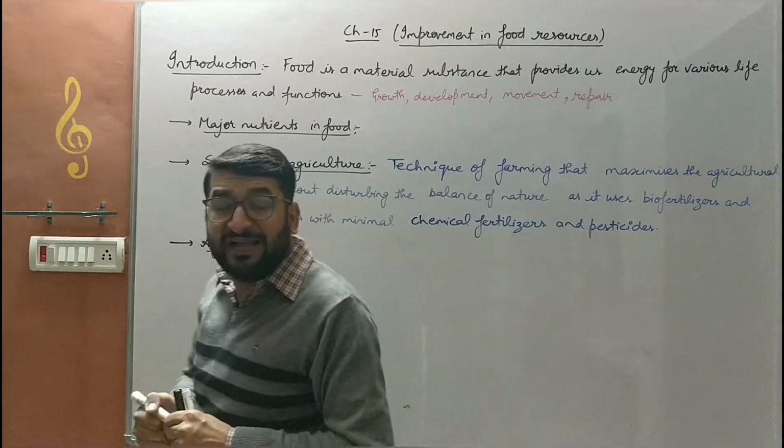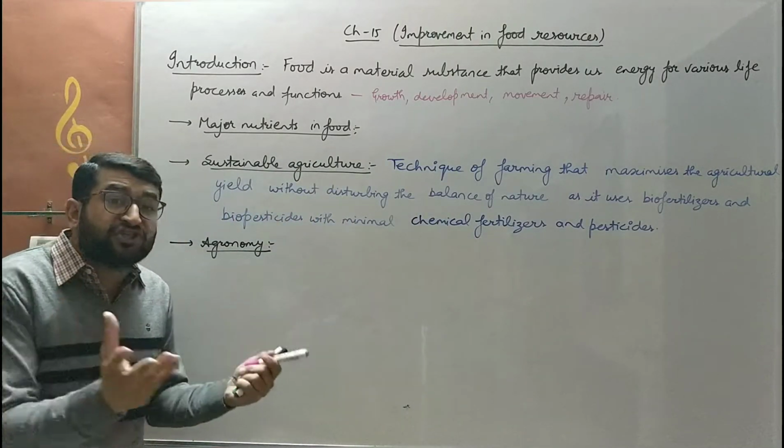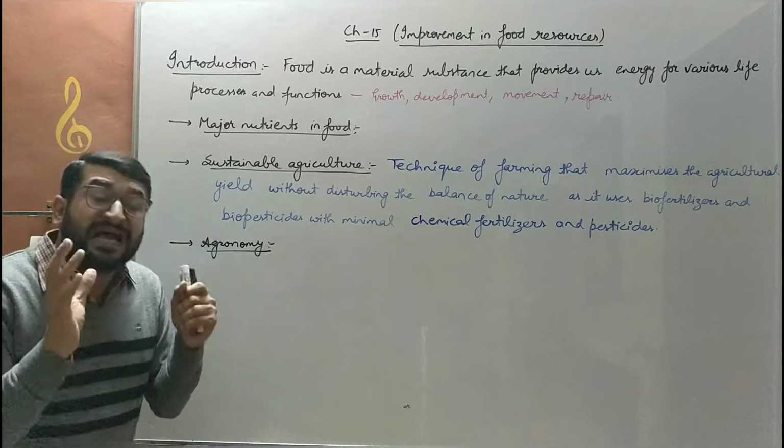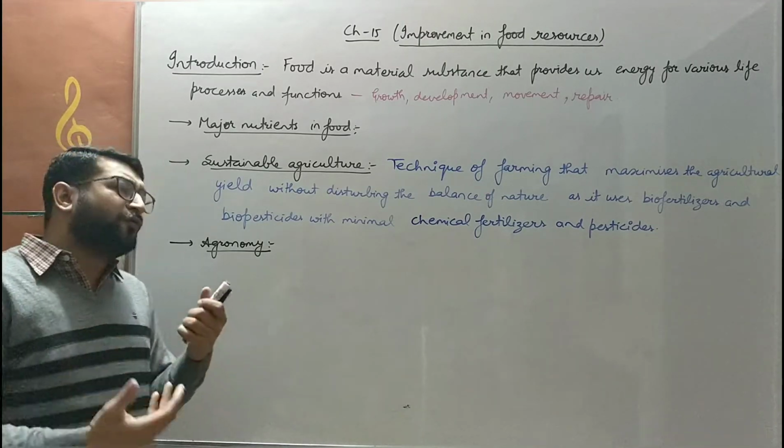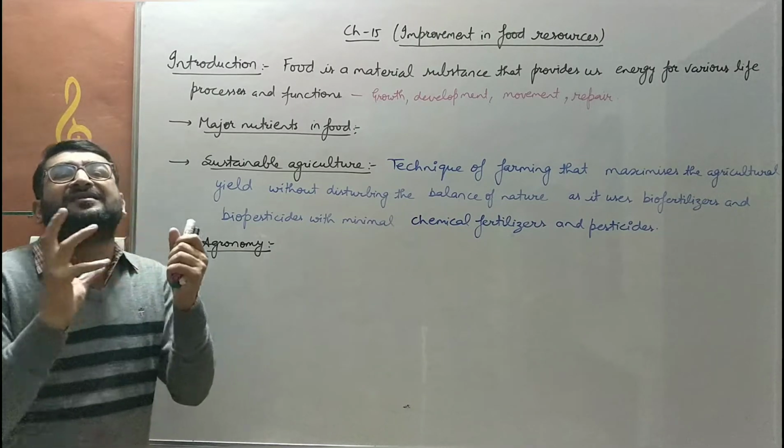These functions require energy. Reproduction requires energy. So for that energy, food is required. And we get food through agricultural practices.